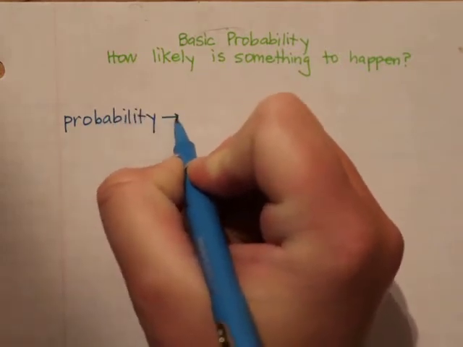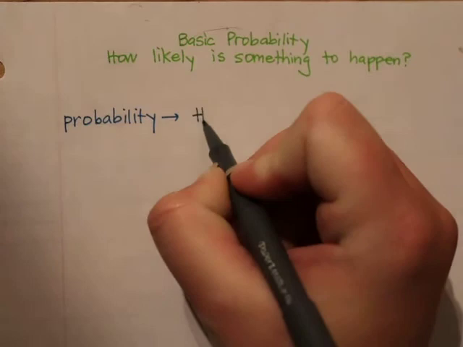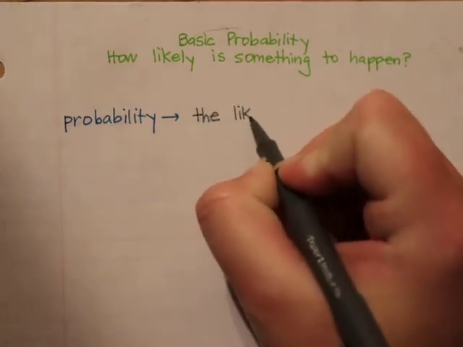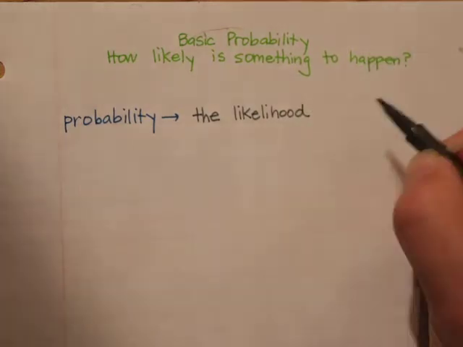So probability is how likely, or the likelihood, of an event happening.